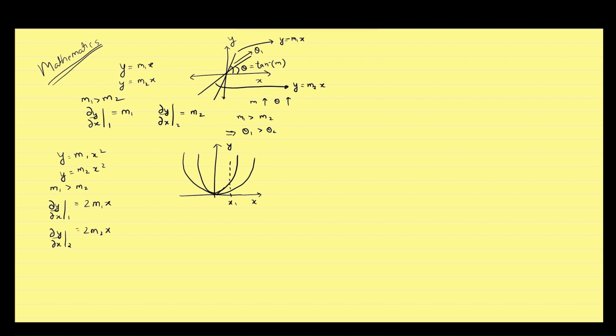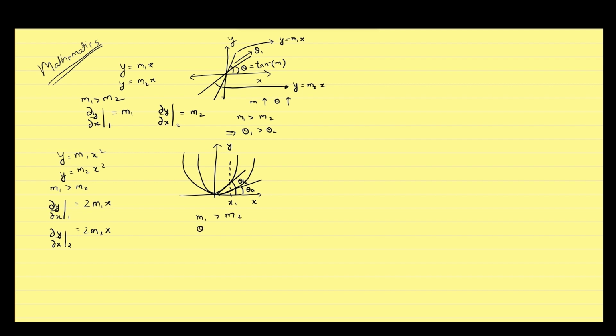Now we will make a rough slope at the points the dashed line will be cutting the two graphs. Let's say this angle to be equal to theta A and this angle to be equal to theta B. We have m1 greater than m2.